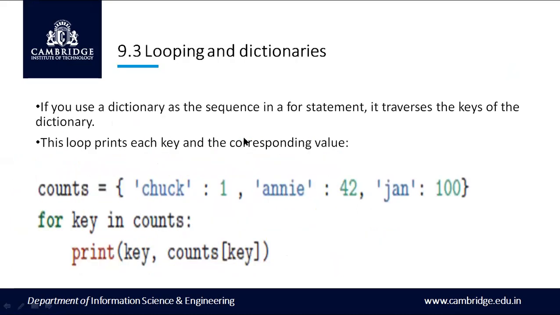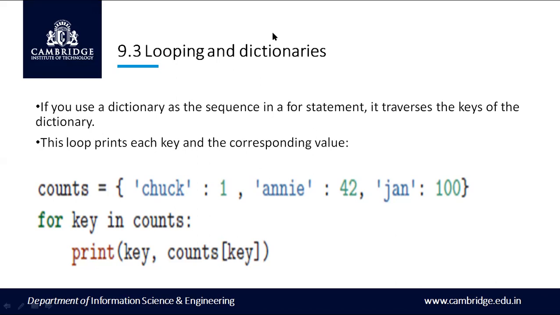The next topic is looping and dictionaries. We can use loops in dictionaries to traverse through each and every key value pair. If you use a dictionary as a sequence in a for statement, it traverses the keys of the dictionary. This loop prints each key and the corresponding value.